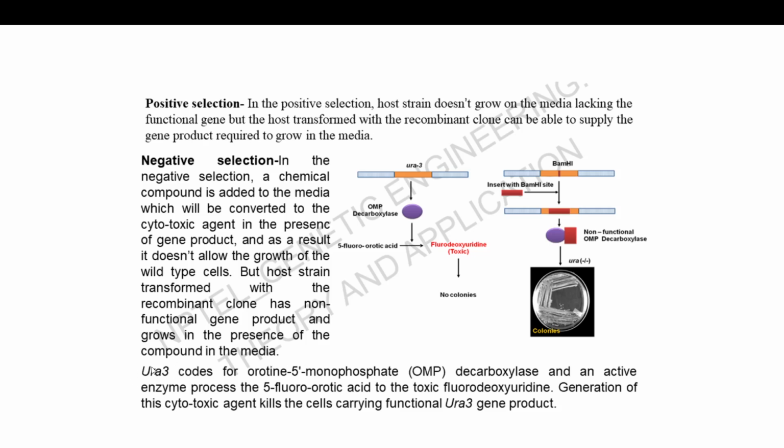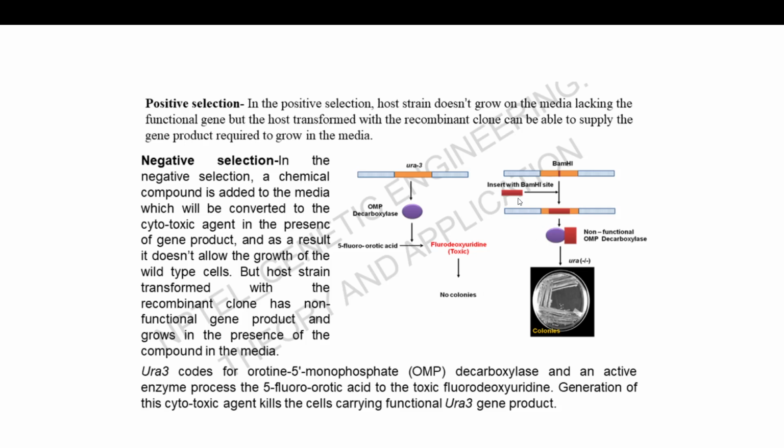So URA3 is a gene which encodes OMP decarboxylase in yeast, and an active enzyme processes 5-fluoroorotic acid to toxic fluorodeoxyuridine. If decarboxylase is there, it will metabolize this to form the toxic agent, and this won't allow the host cells to grow.